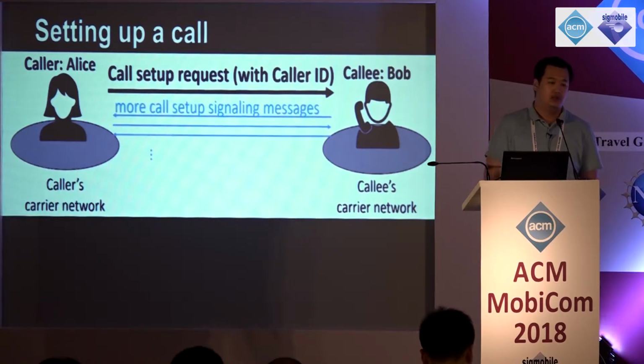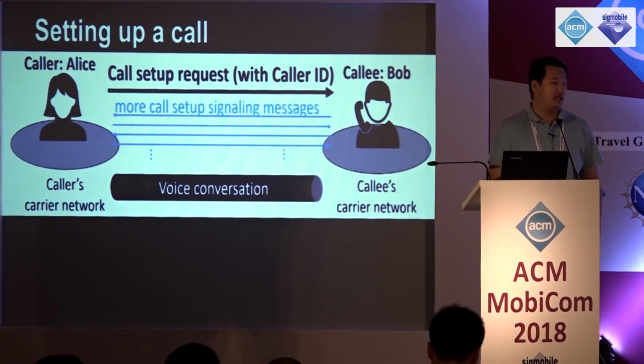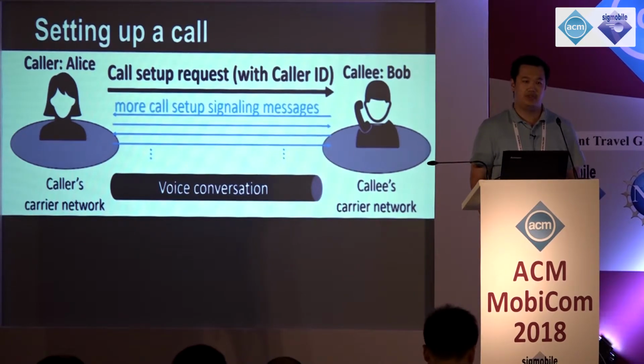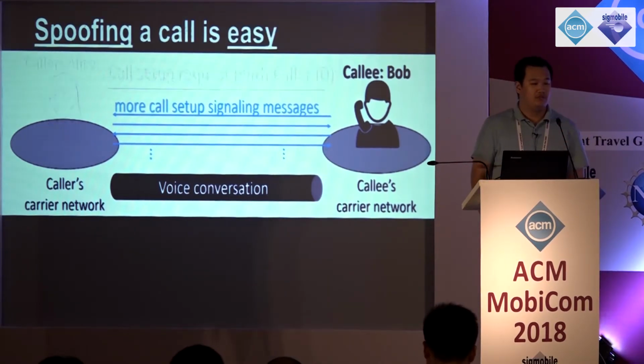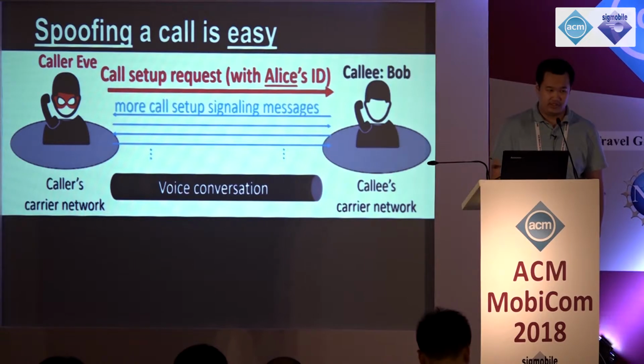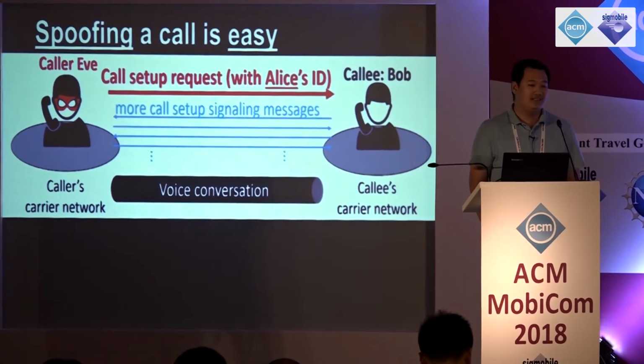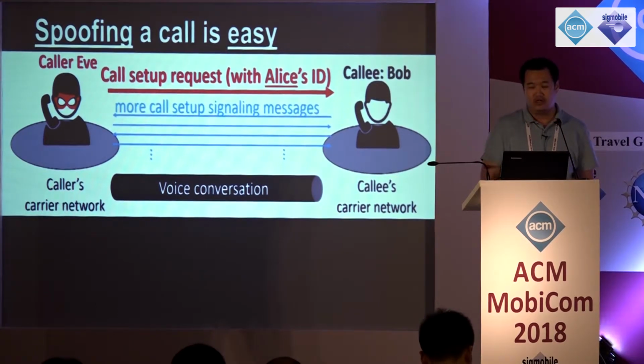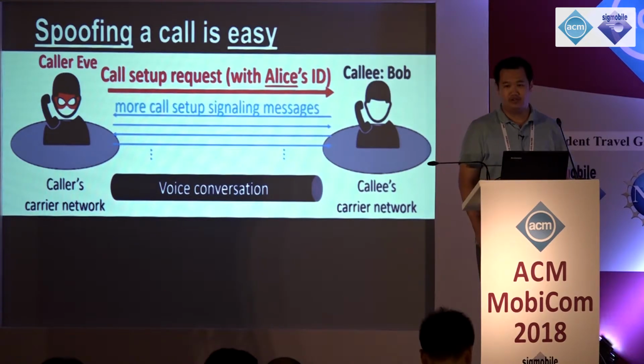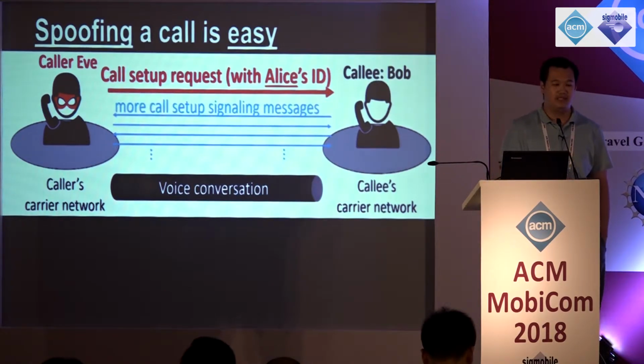After that, more call setup signaling messages are exchanged between them to establish a call session. After this, a voice conversation can start. However, a malicious user, Eve, could easily alter the caller ID contained in the setup request. For example, Eve can use Alice's ID, and then spoofing is made.